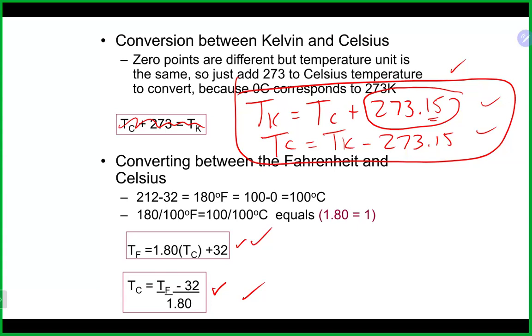But temperature is a little bit different in terms of what you generally do when you're doing a conversion. So just specifically for temperature, when you're doing any type of temperature conversion, your answer should look like the original temperature.